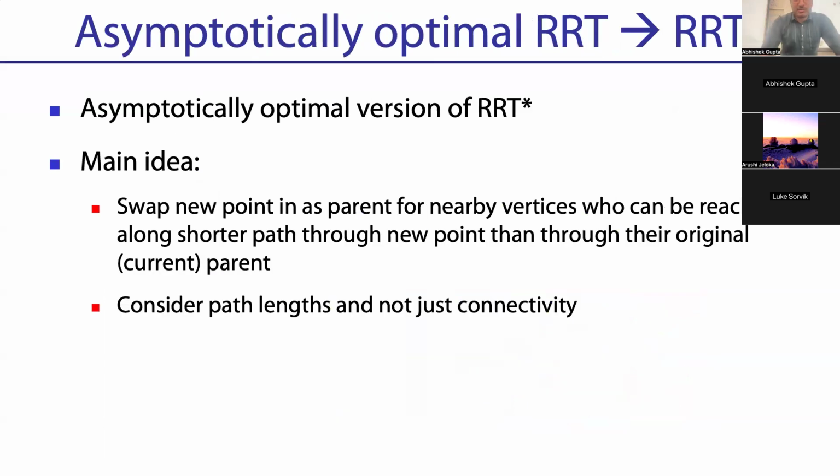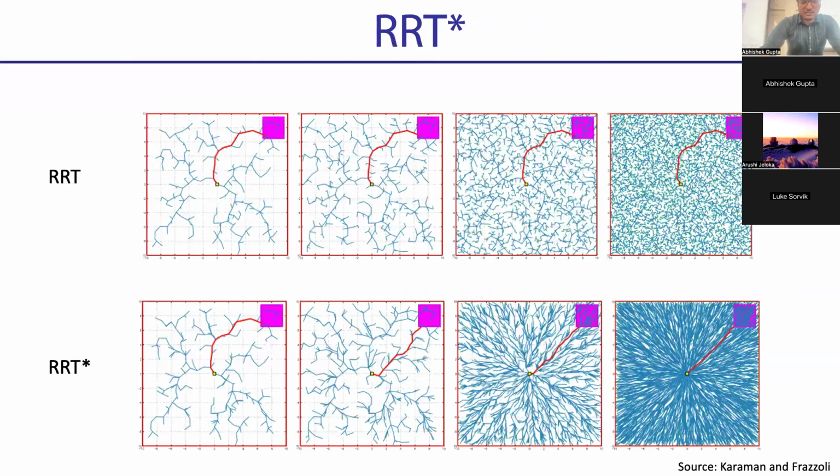Maybe if I can jump to the result difference, RRT gives you things like this, and RRT star gives you things like this. It's a very, very large difference. Look at the path shown here in red, versus this one. RRT star helps you find optimal paths.